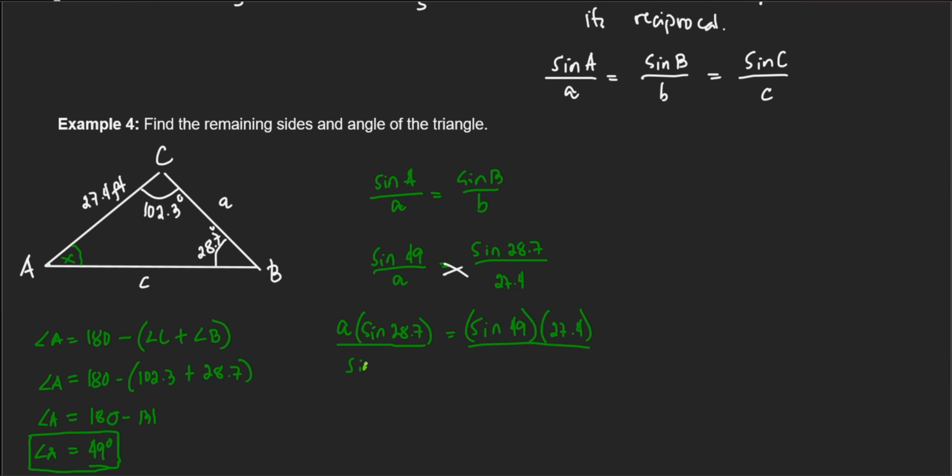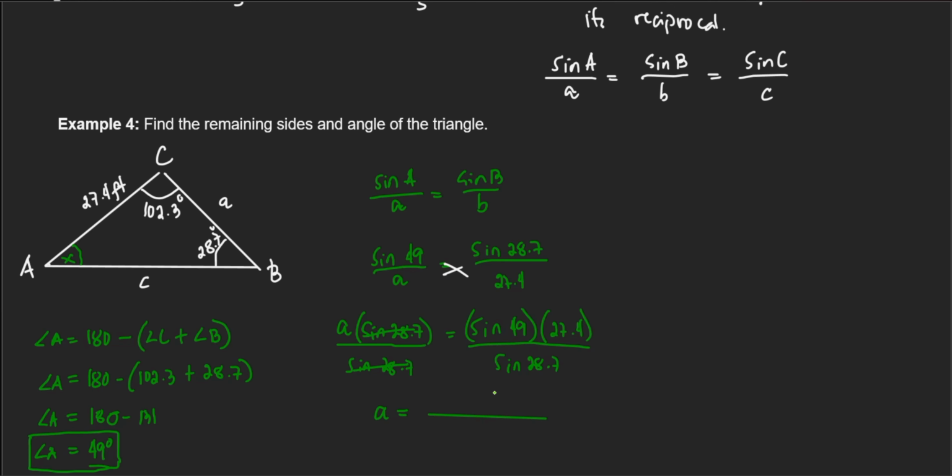Now, if you prefer, cancel out diretso. So we have sine 28.7, then we also have here sine 28.7. So this is cancelled out. So matira na lang si a. Now, if you're going to input this one sa calculator, isa-isa, reminder lang, if ongoing pa po yung solution natin, do not round off your answer.